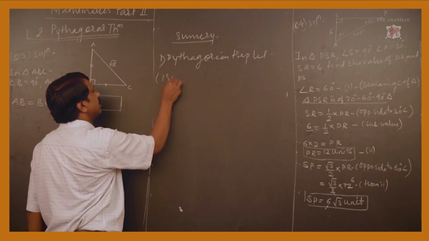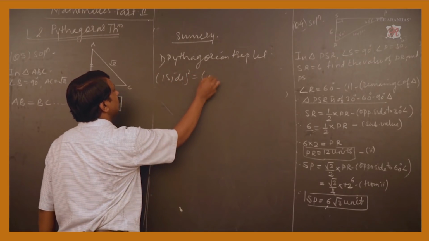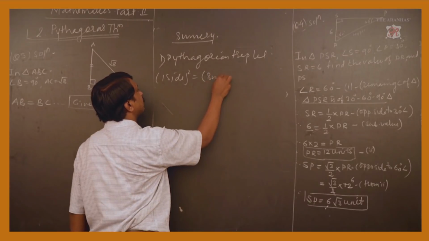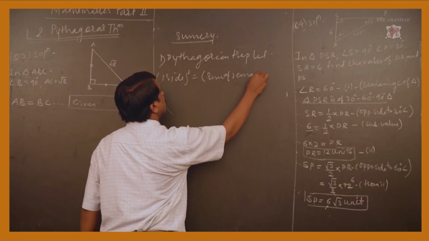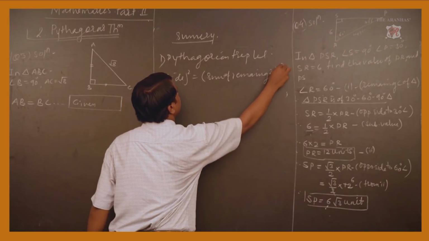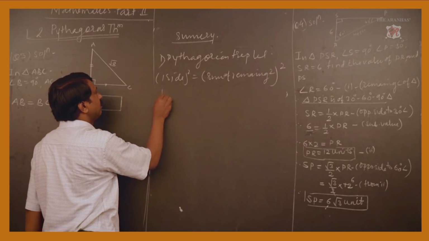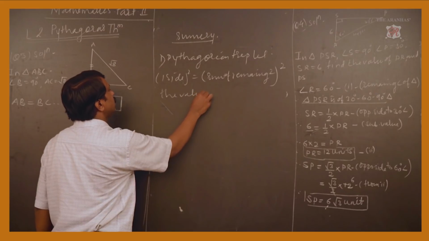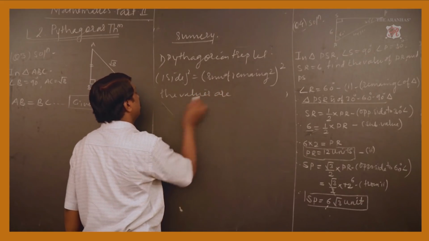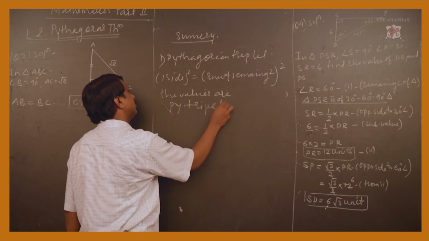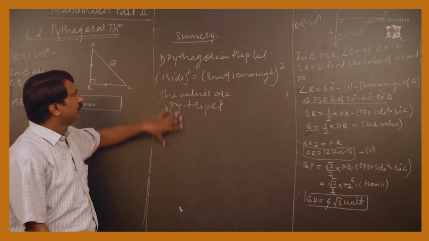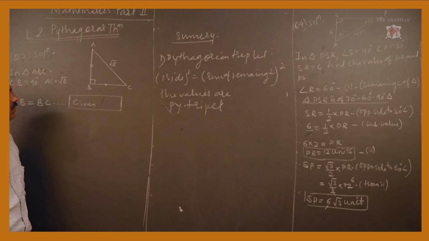If one side squared is equal to the sum of the remaining two sides squared, then the values belong to a Pythagorean triplet. This one we actually come to know by the converse also.